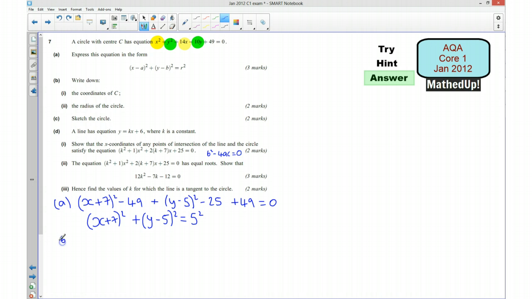Part B. For the first part of part B, we need to write down the coordinates of C. So I like to think about how this is translated from the origin. If I had a circle as x² + y², then the x will have been replaced with x + 7, so that tells me that it's a translation of −7.